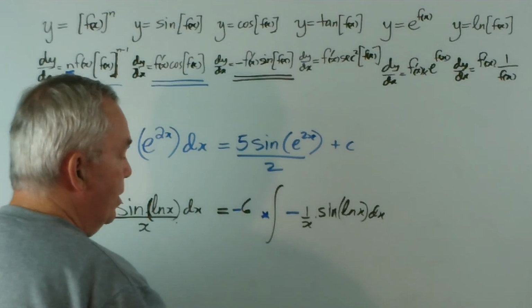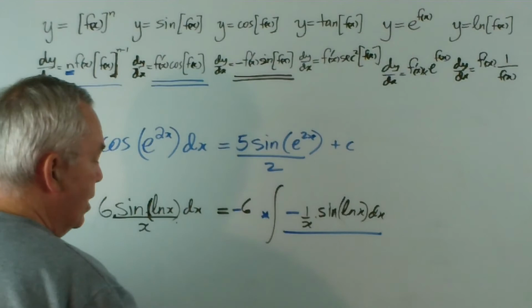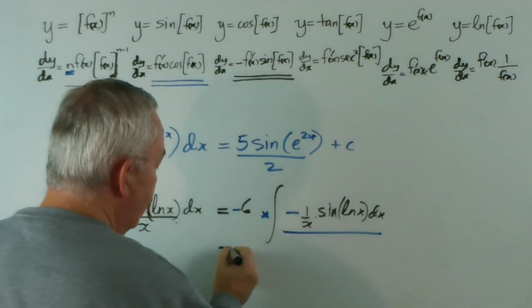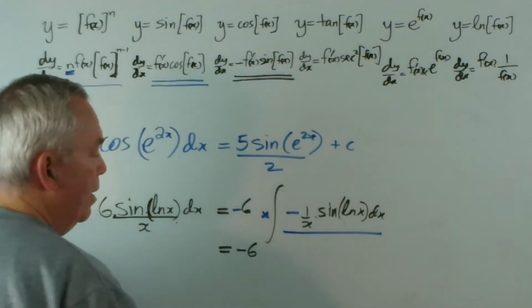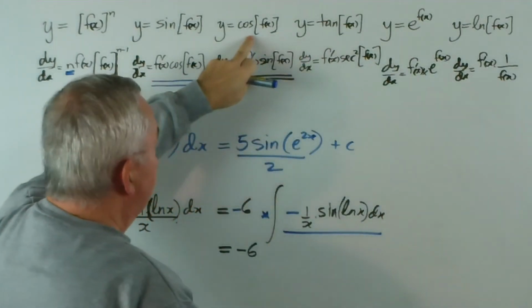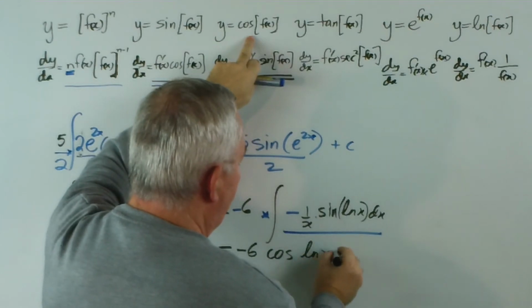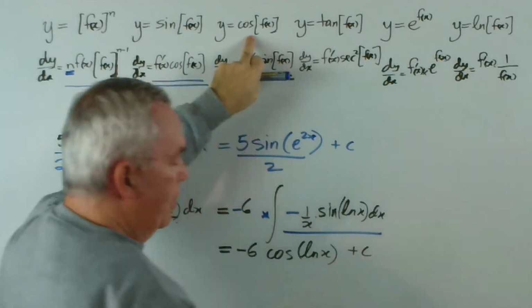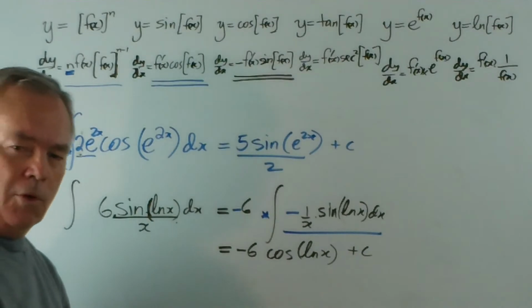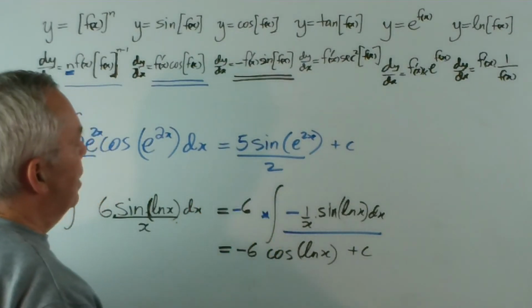That compensates, and this pattern now is exactly what I need. So my answer is going to be negative 6 times the integral of this package, which is cosine of whatever the function was inside.